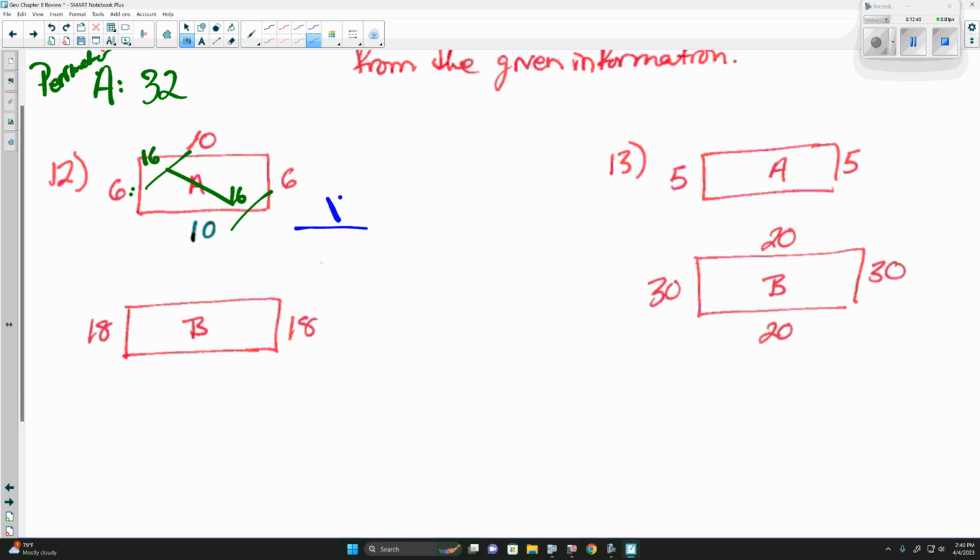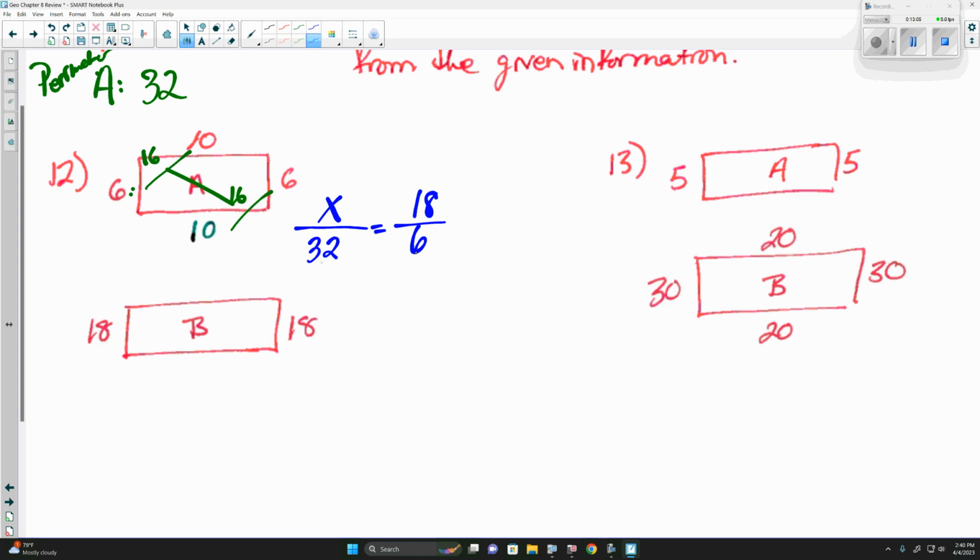Yeah, so we can say the perimeter of B over the perimeter of A is equal to 15 over 6. I'm sorry, it would be what? So the perimeter of what we wanted is X over the perimeter that we know. So it's like new over old.